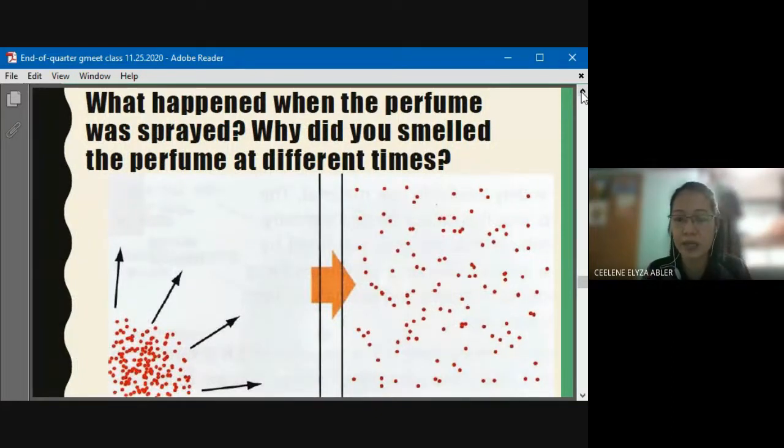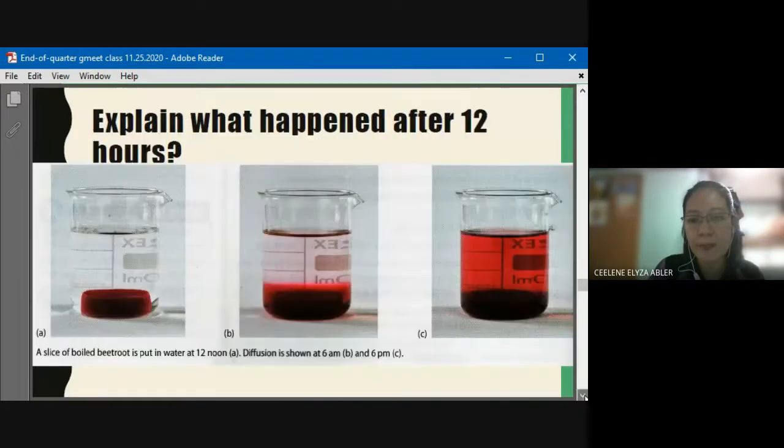Yan siya na particles. This one, na example natin, is actually diffusion of a substance, of a pigment, in this case, in water. Okay, so for example, this is a beetroot. A beetroot is actually a type of a root crop. So it's a tuber. Kagaya siya ng inyong gabi, bisol, and your kamote.